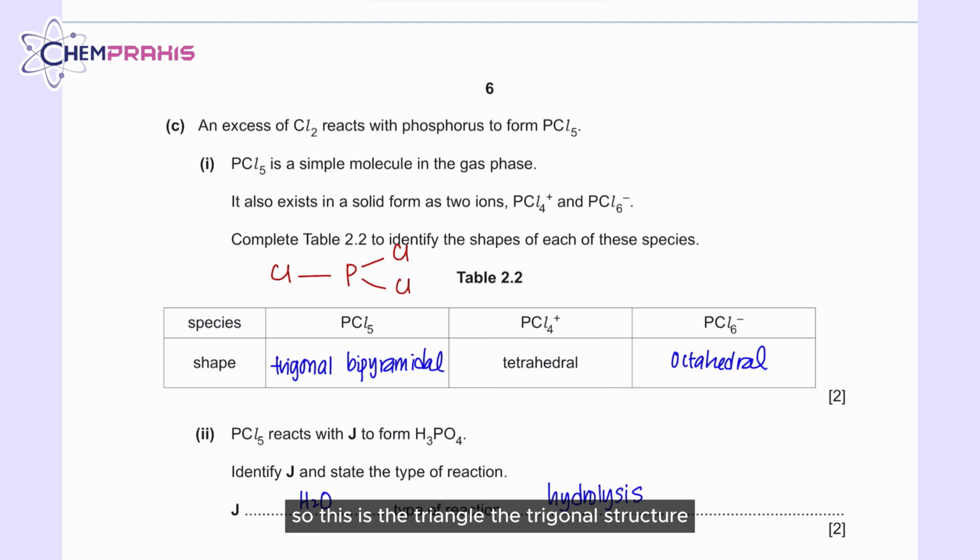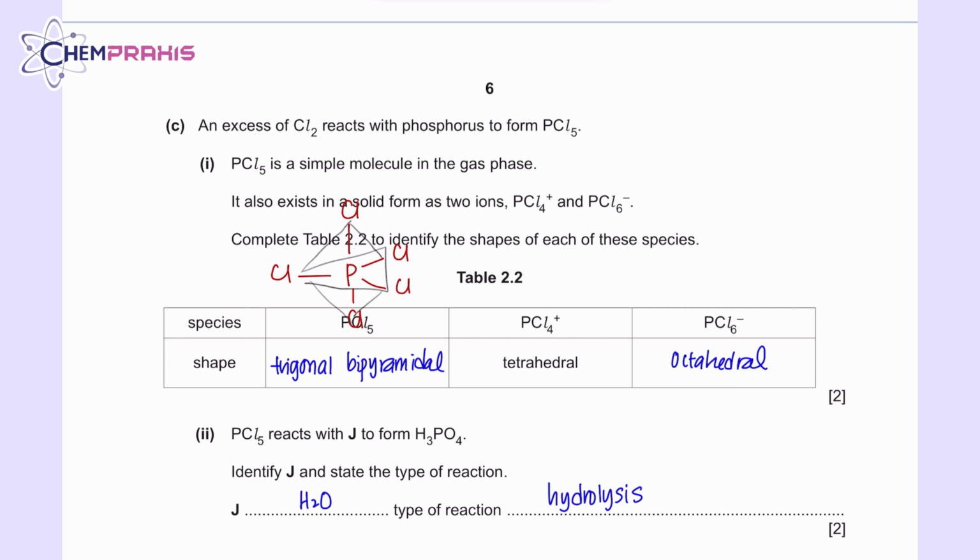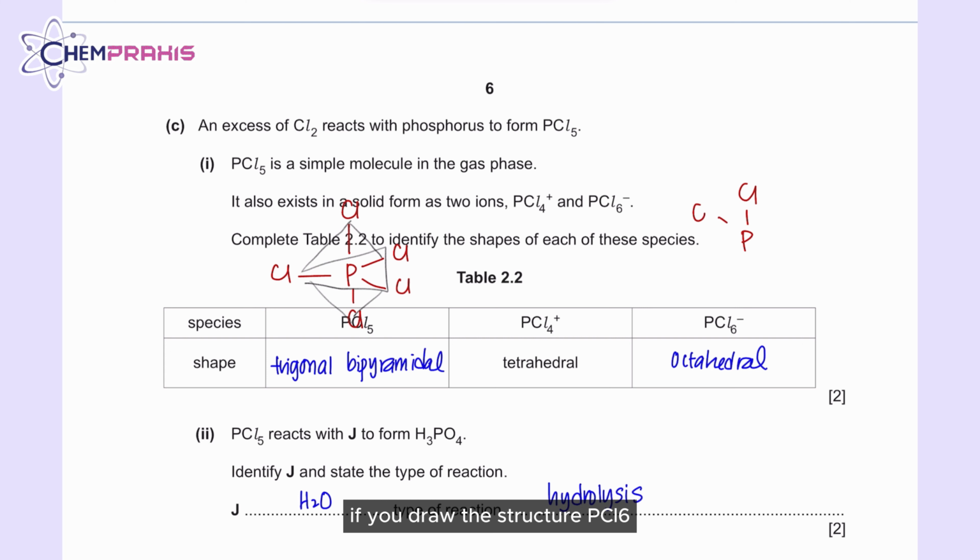This is the trigonal triangle, and there is one Cl here and the other Cl is here. So this structure is trigonal bipyramidal. And for PCl6, if you draw the structure, it basically has 6 Cl attached to the phosphorus. So this is octahedral.